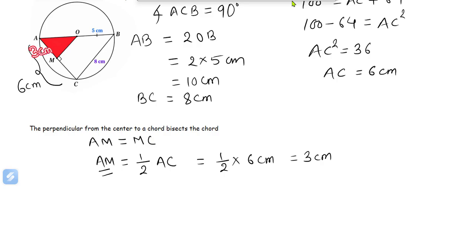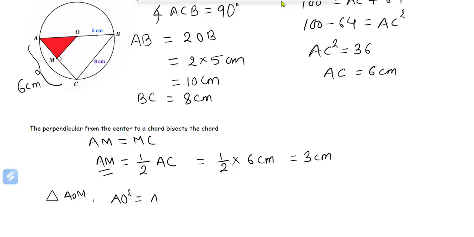Now we can find the perpendicular in this case. Once you have the perpendicular, you can find the area of this AOM. Let's use the Pythagoras theorem on triangle AOM, where the hypotenuse is AO.